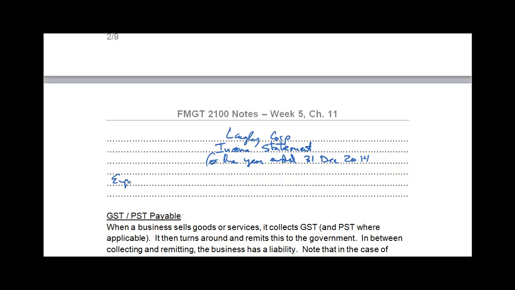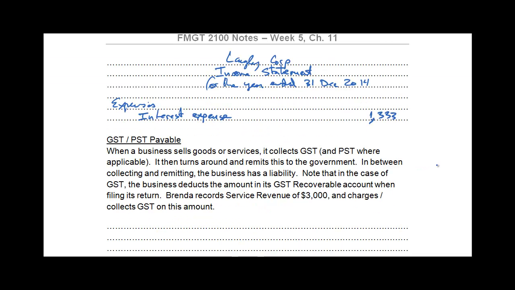And then under the expenses section, there's a bunch of stuff, and interest expense $1,333.